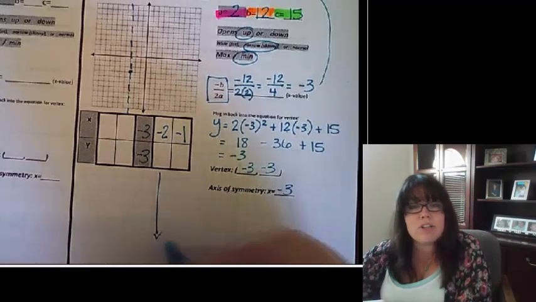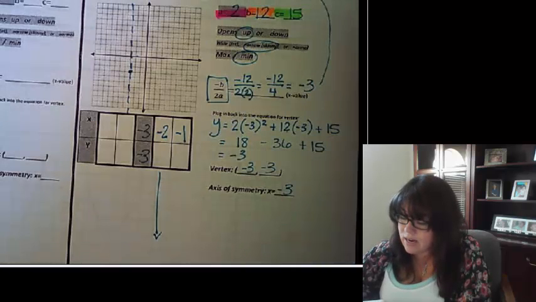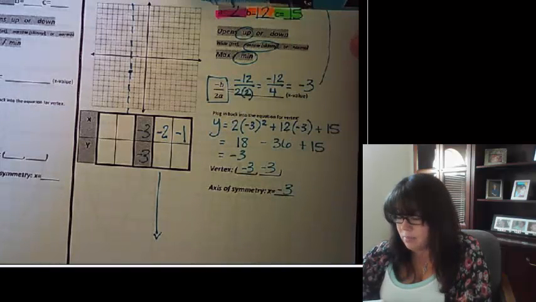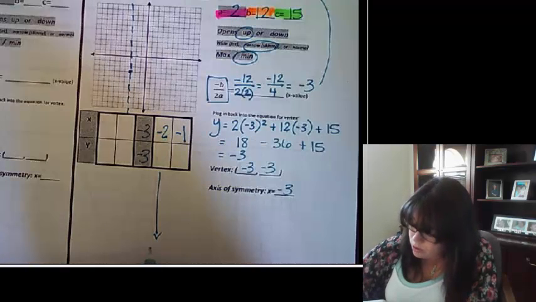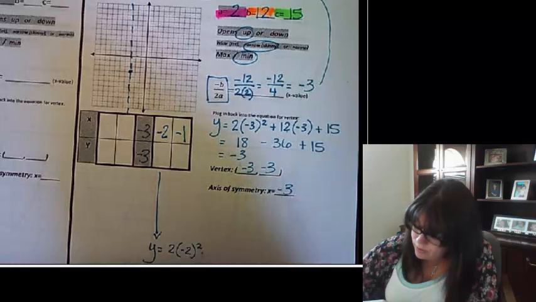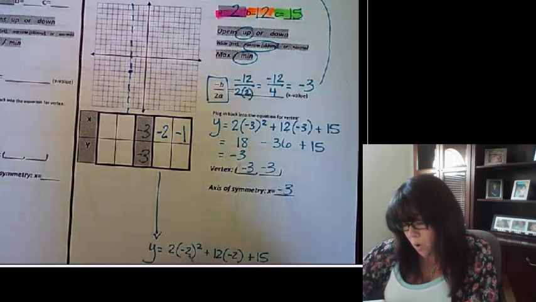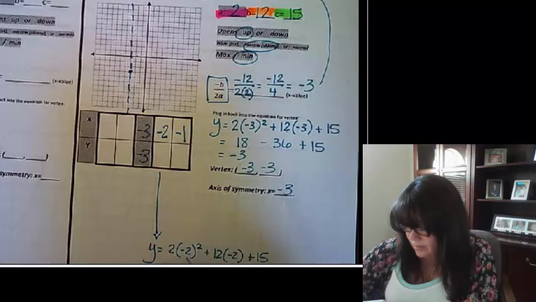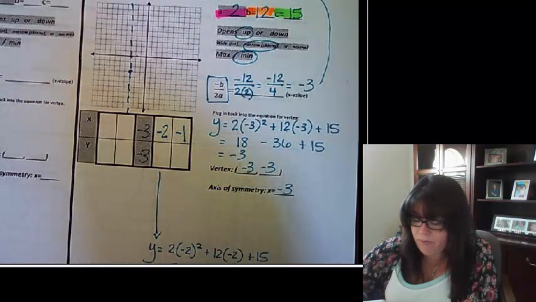So let's plug those in. Again, using this original equation that we started with, wherever I see an x, instead of x, I'm going to plug in a negative 2. So y equals 2, parentheses, negative 2 squared, plus 12 times negative 2, plus 15. So negative 2 times negative 2 is 4, times 2 is 8. Positive 12 times negative 2 is negative 24.